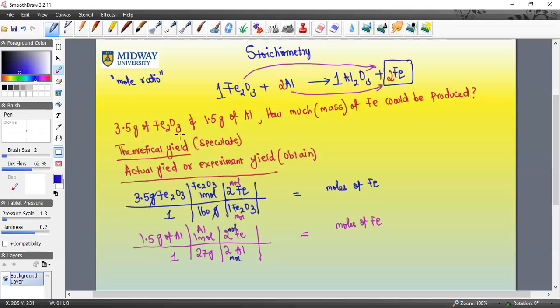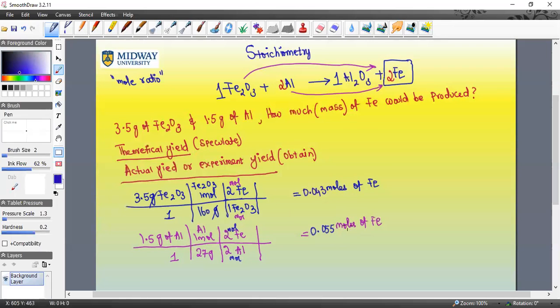Why are we doing this? Because we need to know where you produce the least moles, and remember I said only one of the 2 dictates how much iron you will produce. So the top one is 0.0453 and the bottom is 0.055.